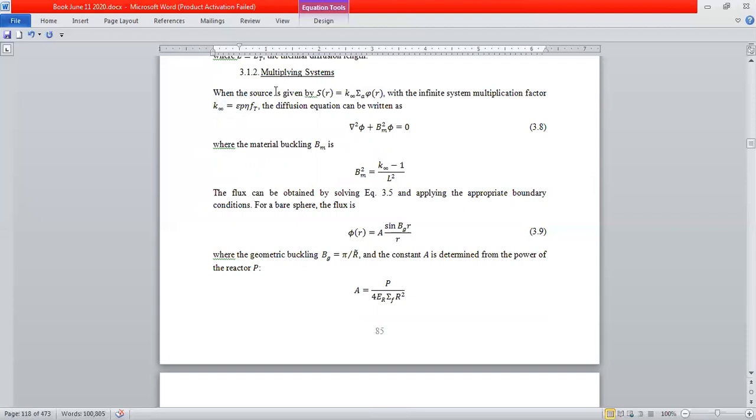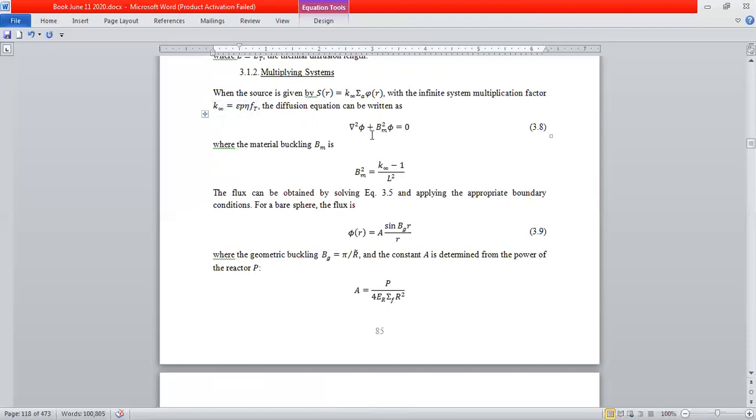So when the source is given by, now remember I told you how many neutrons get absorbed in the thermal, and K infinity. Now K, I told you, is a multiplication constant. If you want to assume an infinite system, then we use the 4-factor formula, which I did talk about in good enough detail in lecture 1 or lecture 2.